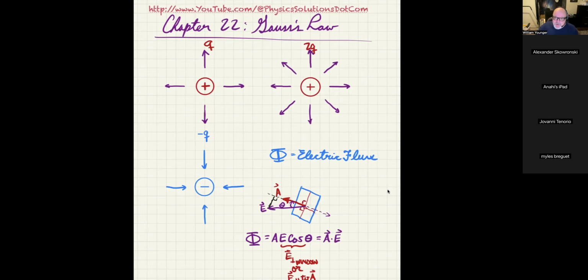Now, if you've gotten it small enough, there's a good chance that the electric field at every point in that window will have exactly the same magnitude and direction. If it's not, then you have to divide the window up into even smaller parts so that you can get a single electric field vector that is close enough to the electric field vector everywhere in that itty bitty window.